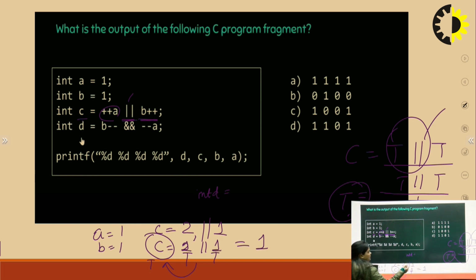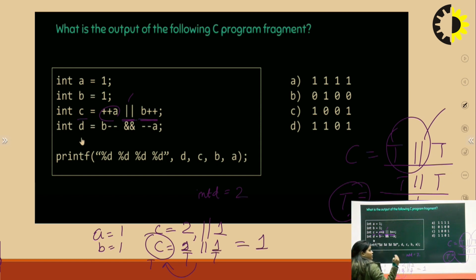D, what do we need to do here? What was B? B will become 2, right? Now here B will become 2, so here 2.